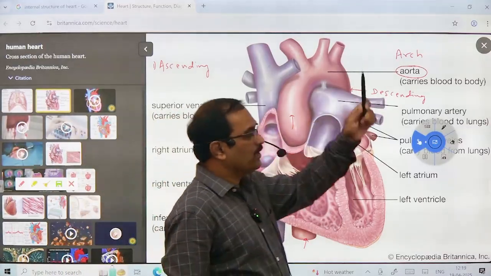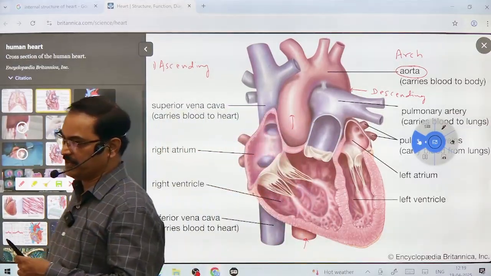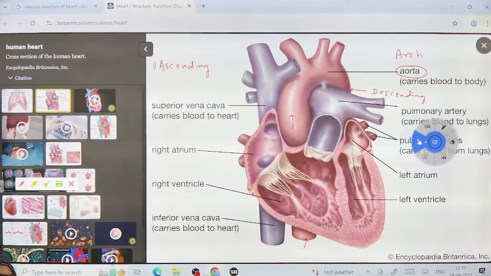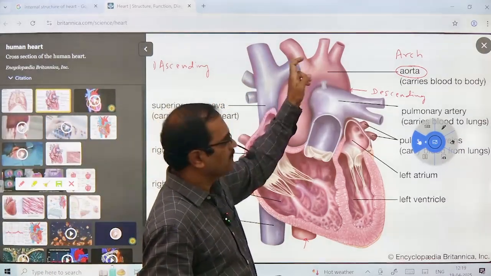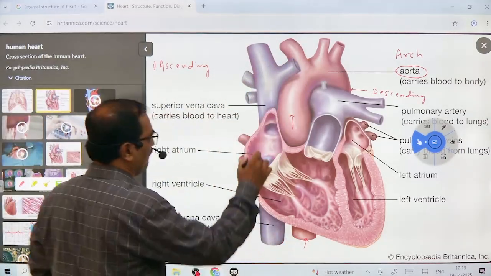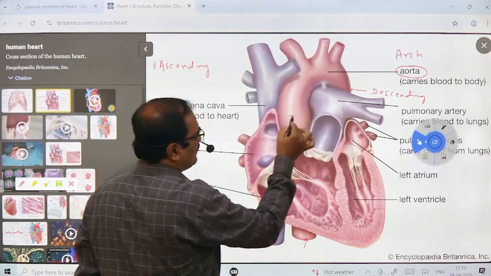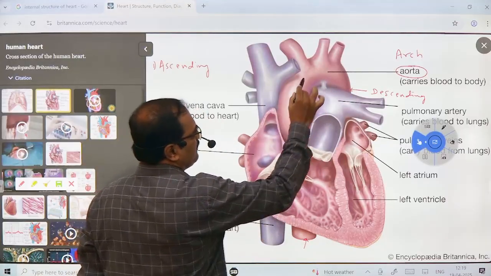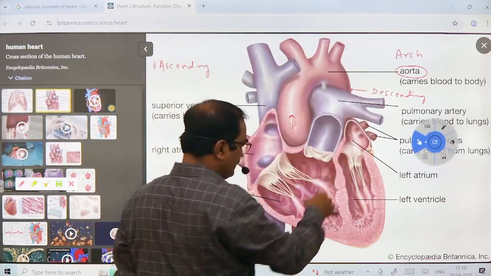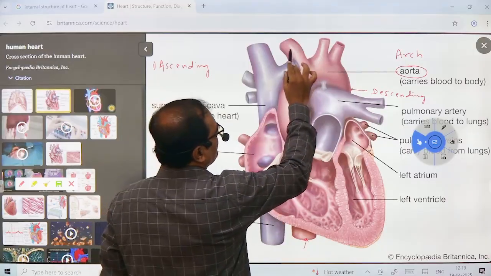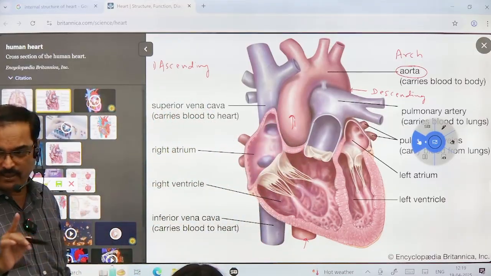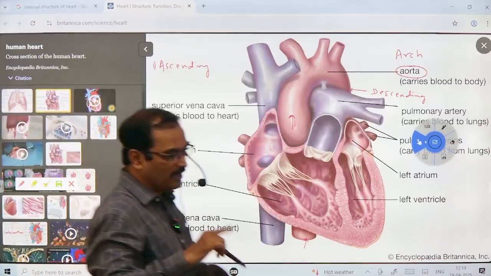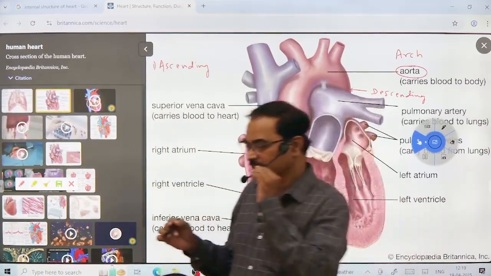Next, arch of aorta gives three branches. These three branches arise from which part? See, this is called aorta, right? This is ascending, and this is descending. So these three branches arise from arch of aorta, not from ascending or descending. Arch of aorta gives three branches.